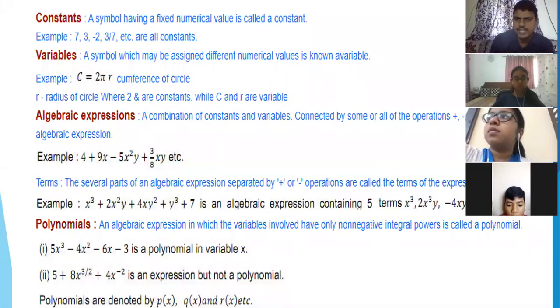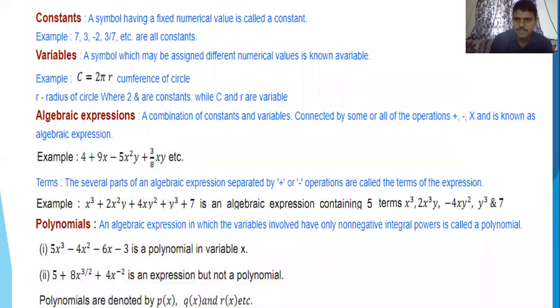So, algebraic expression: a combination of constants and variables connected by the operations plus, minus, multiplication and so on is known as an algebraic expression. Example: 4 plus 9y minus 5x square y plus 3 by 8 xy, etc.